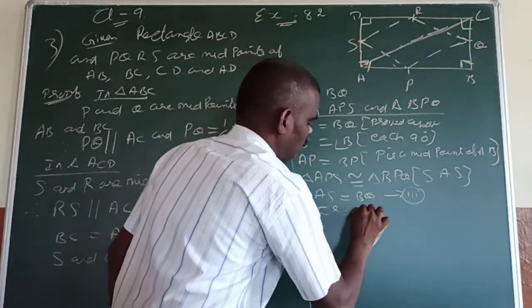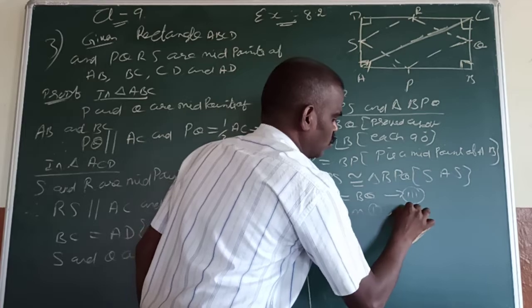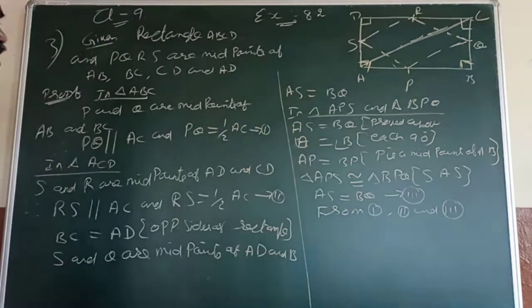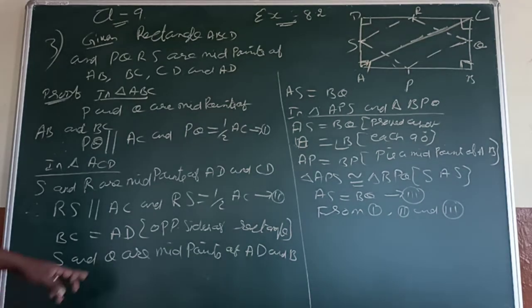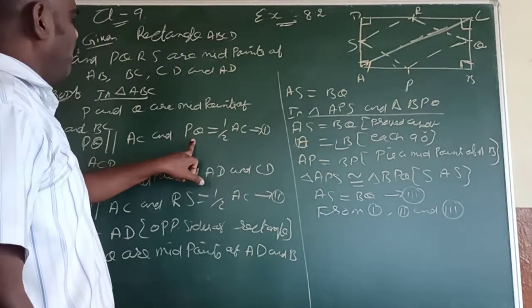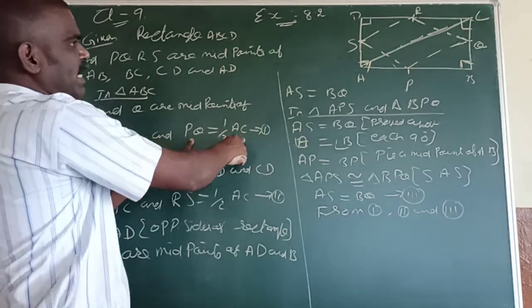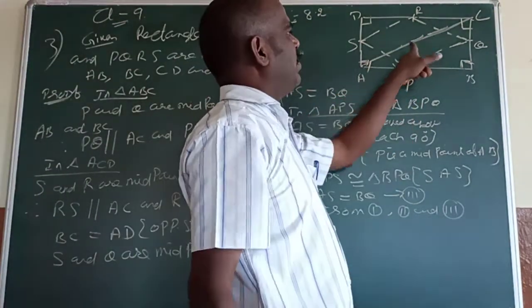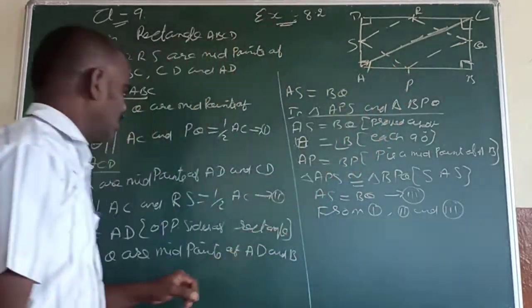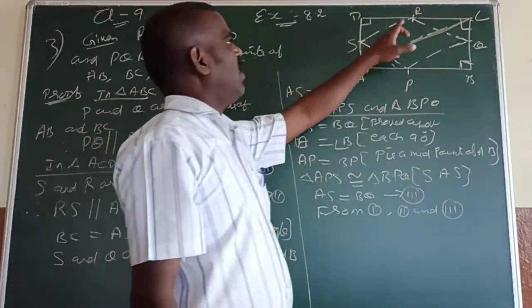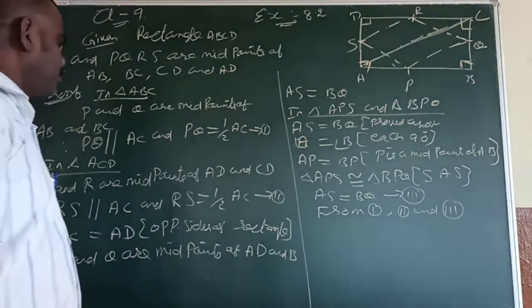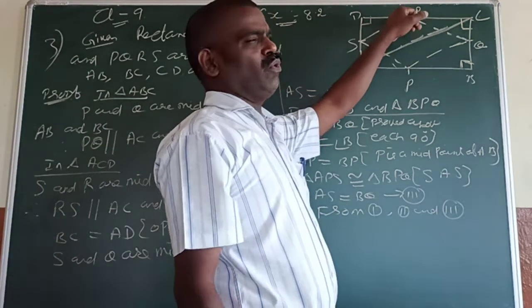From 1, 2 and 3: one is telling PQ is equal to half of AC, 2 is telling RS is equal to half of AC, so these two are equal.